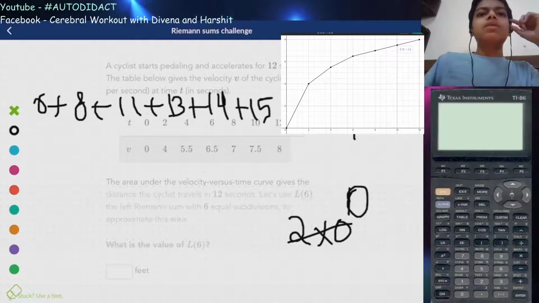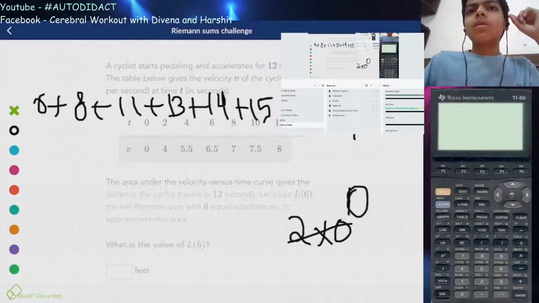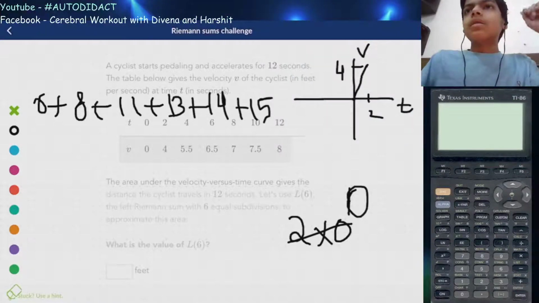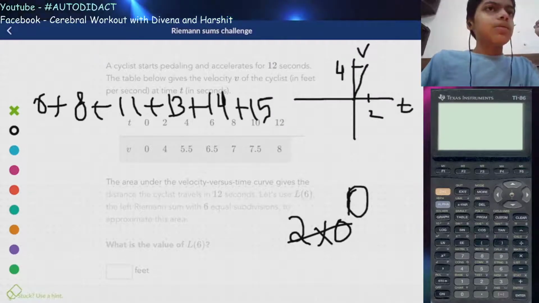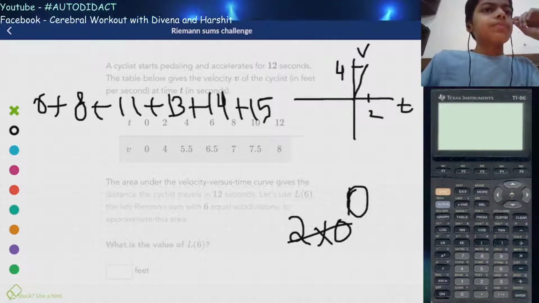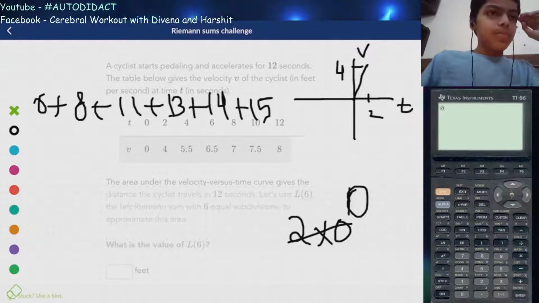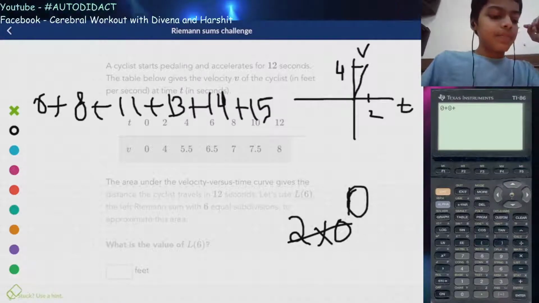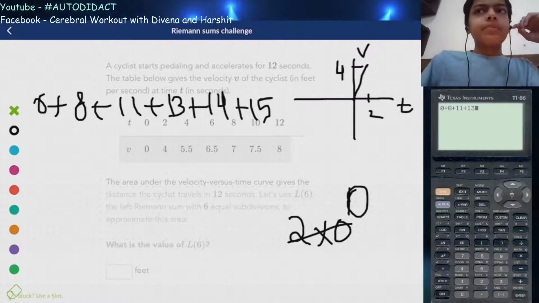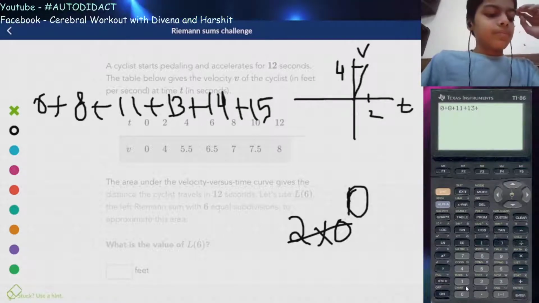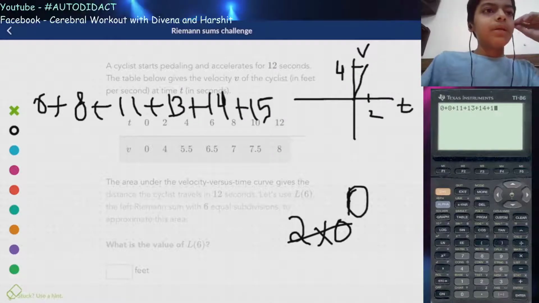And if we just add these all, this will be equal to 0 plus 8 plus 11 plus 13 plus 14 plus 15.